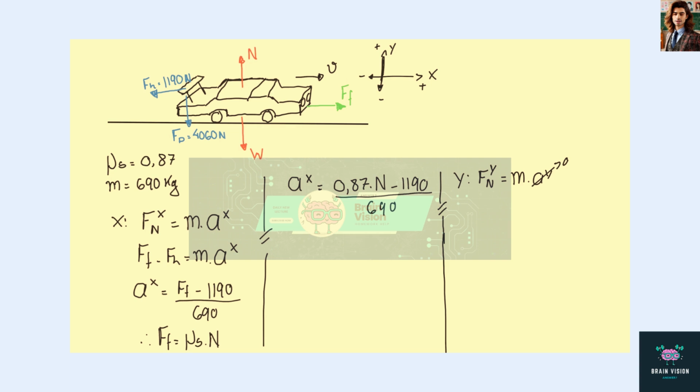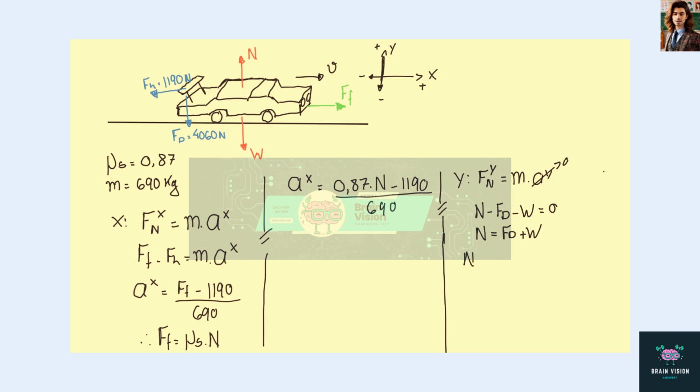The forces that compose this net force are the normal force, the weight force, and that downward force provoked by the wind. Then, we have the following. The normal force minus this downward force minus the weight force is equal to 0. Then the normal force is equal to that downward force plus the weight force.